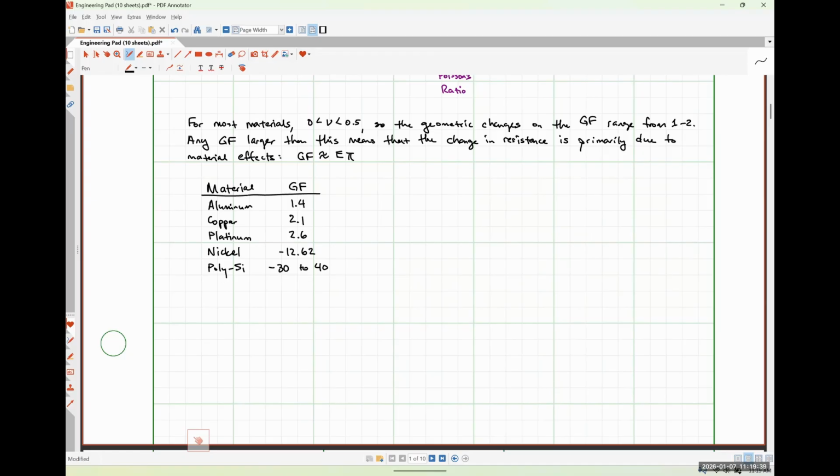And then single crystal silicon gauge factor ranges anywhere from negative 102 to positive 135, depending on direction. So the large gauge factors of silicon in both polycrystalline and single crystalline form make this material extremely attractive for use in piezoresistive sensing, because we see a relatively large change in resistance due to a small applied strain.